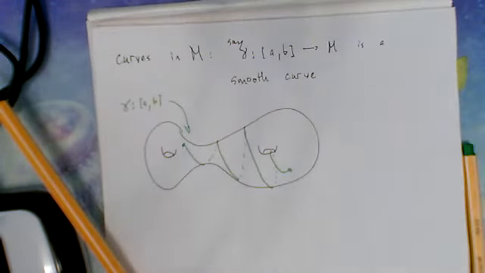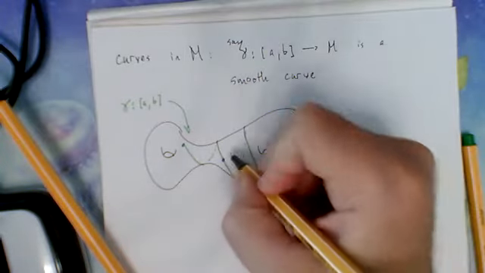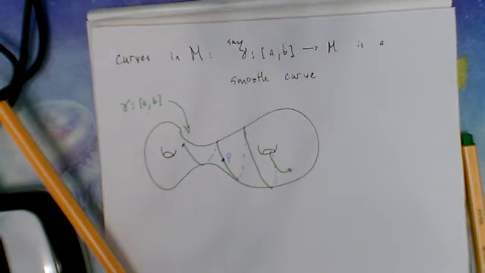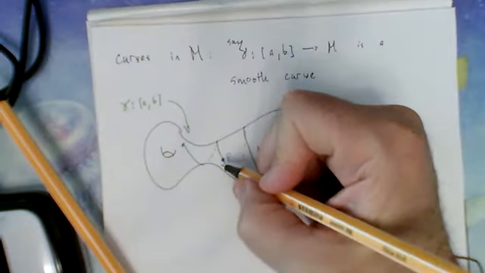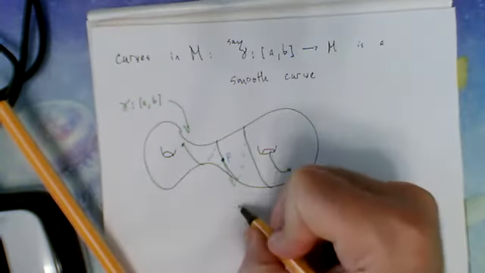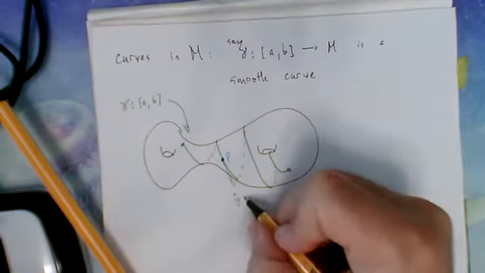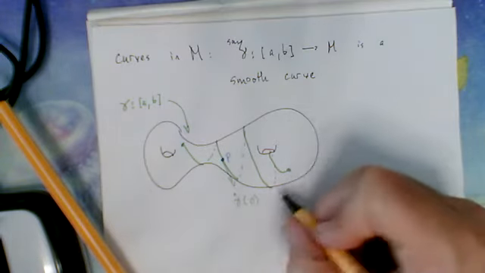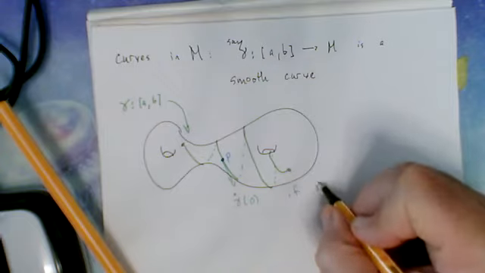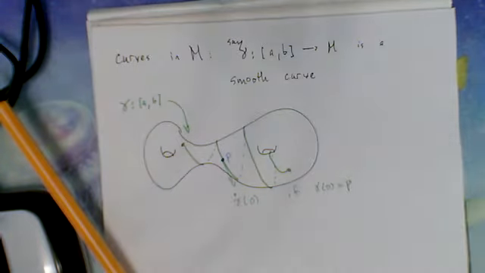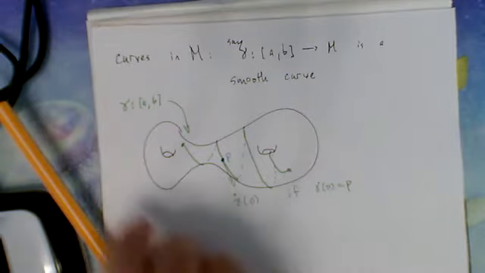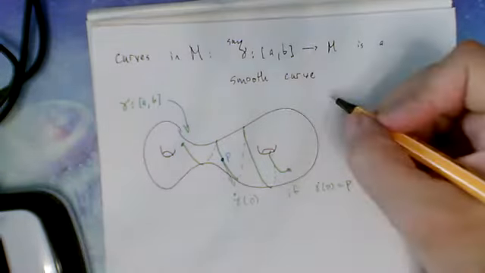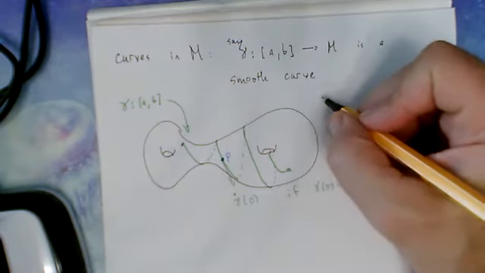If I choose some point on the curve, let's call this point here P, I can now associate a tangent vector to the curve at this point, gamma dot at time 0. This gives me a vector. And now this gives me a way to differentiate functions.